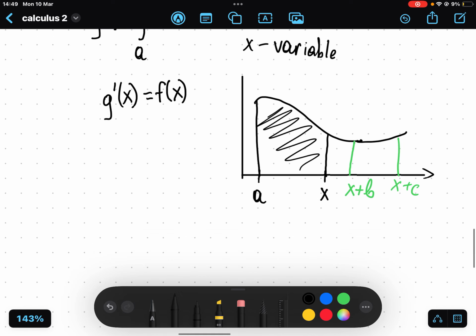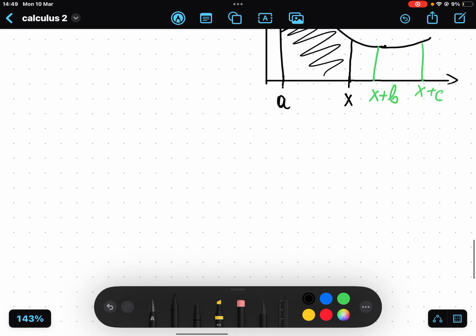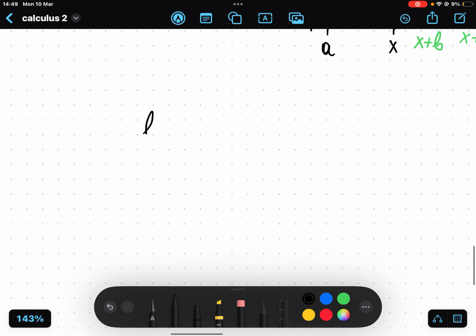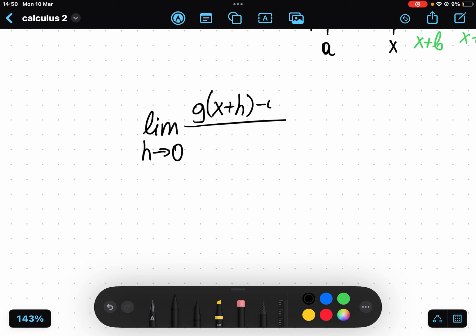So what's the actual definition of the derivative? It's the limit as h goes to 0 of g of x plus h minus g of x over h. So this basically gives the derivative of g of x.